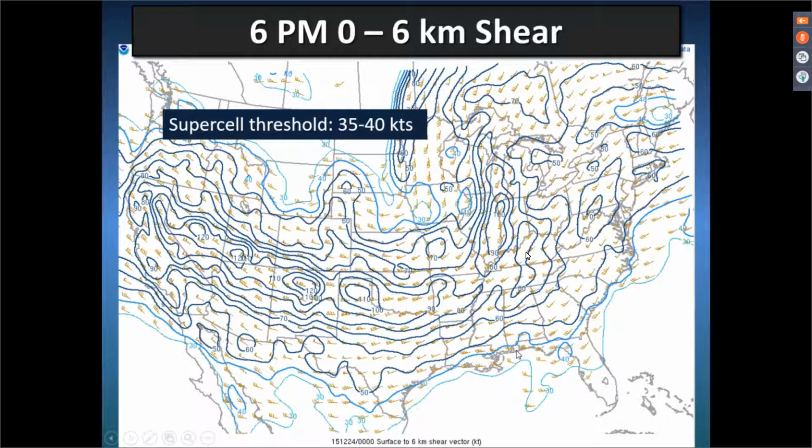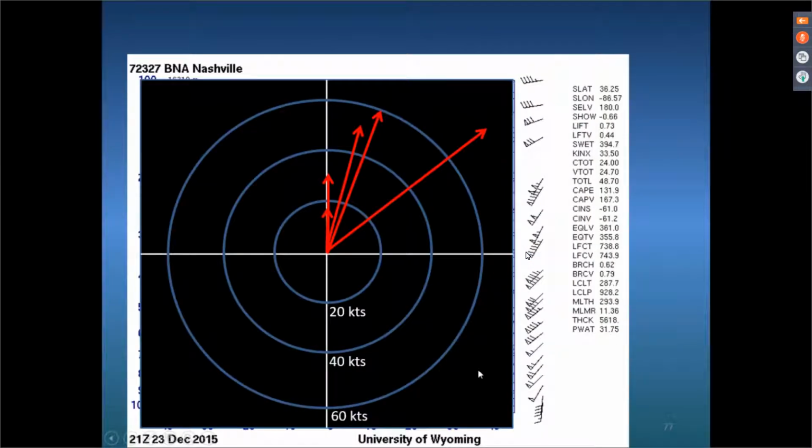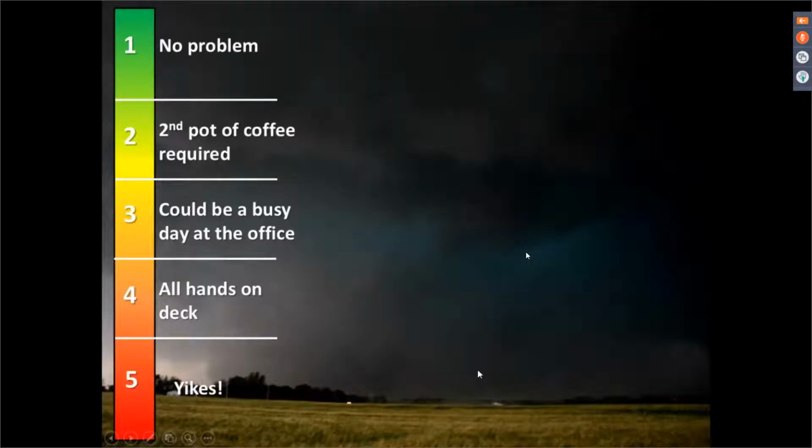And typically we want to look for around 35 to 40 knots for supercell and severe thunderstorms as far as the 0 to 6 kilometer shear. So we've got almost double that here in parts of Middle Tennessee. Again, a lot of wind shear in the atmosphere, definitely eye-opening and concerning for potential for severe thunderstorms. And I'm going to skip over that right there.